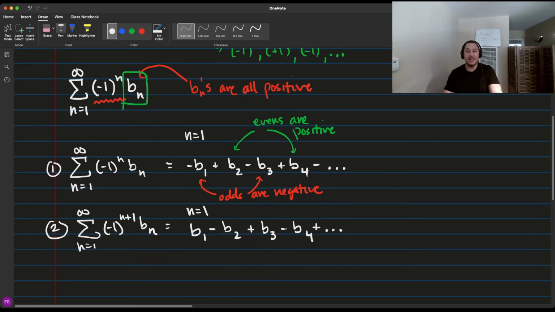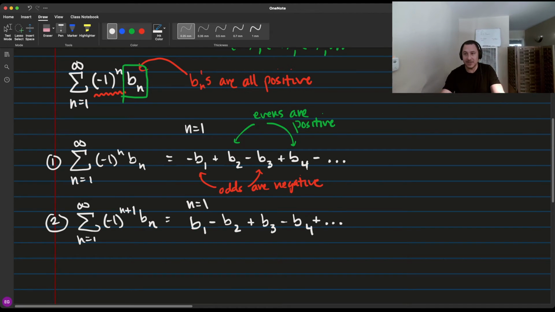Okay, so if you have the index with -1 to the n plus 1, the roles change. The evens end up being negative, whereas the odds are positive.